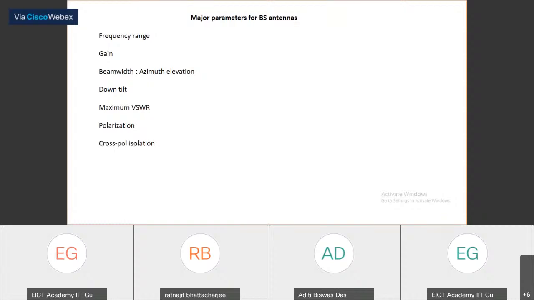Cross pole isolation. So suppose you are transmitting and receiving, agreed to transmit and receive in the vertical polarization, then how much you are receiving in the horizontal polarization, that gives you the isolation.